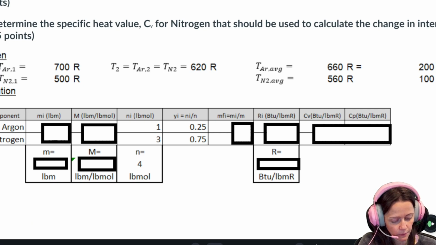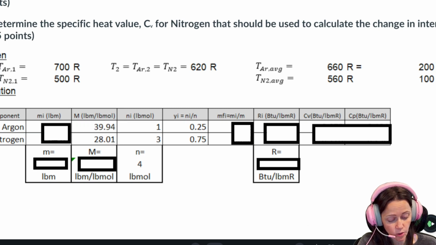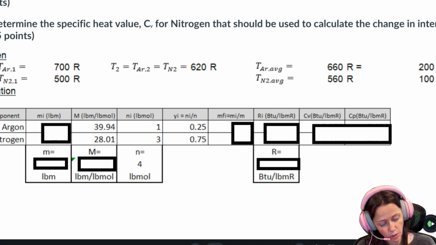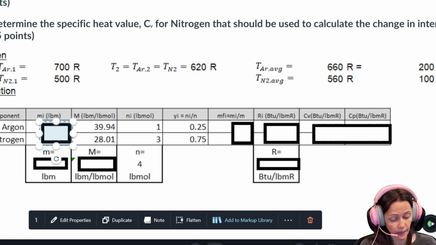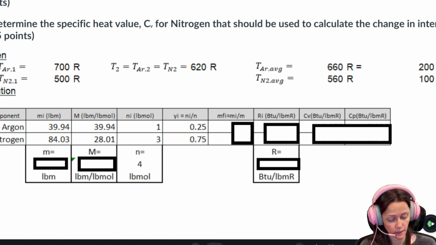Perfect. I can also go ahead and start filling a few things in. I can look at table A1E and get the molar mass for argon and nitrogen and throw that in there. Then I could say, okay, in 4 pound moles of this mixture, if you had 1 pound mole of argon, the mass would be 1 times 39.94, or 39.94 pound mass.